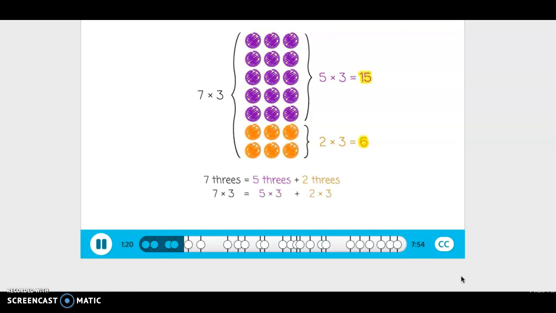We already wrote the totals for the two parts of our array. Let's add those to find the total for the whole array.